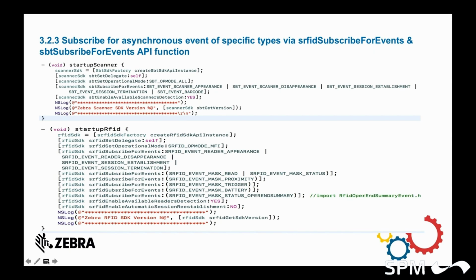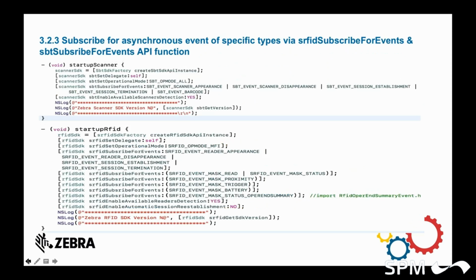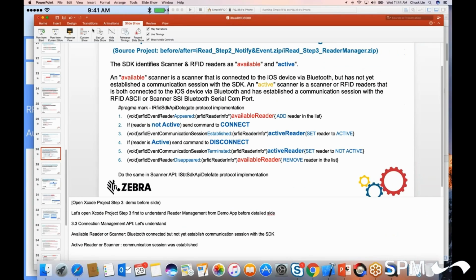Okay, so we went through the 3 steps now, and in the next step we will write some code. So make sure your application can receive notifications. Okay, let's exit the slideshow now. Let's open the Xcode project.